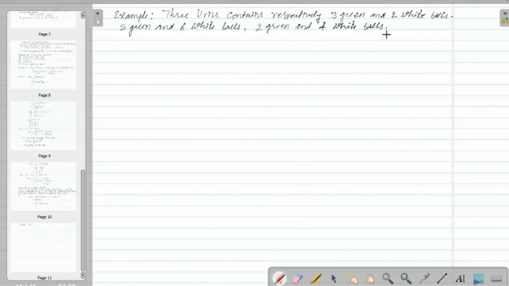One ball is drawn from the urn. Find the expected number of white balls drawn.